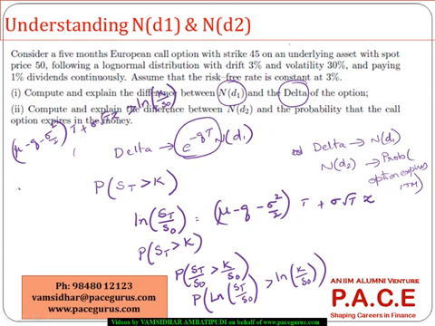So from here I can come out saying Z is greater than log K by S0 minus (mu minus q minus sigma squared by 2) times T, divided by sigma root T. So I want to find out the probability of Z greater than this much.